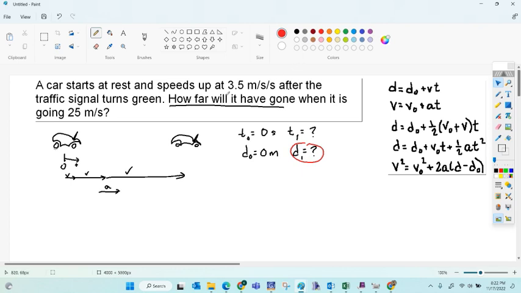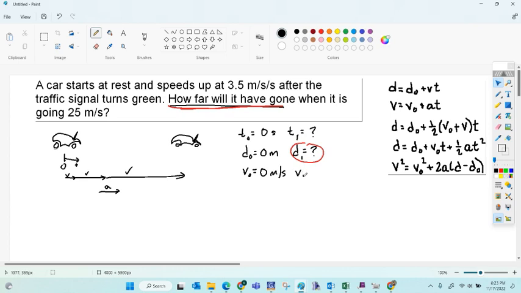Okay, so let's kind of indicate that here. Our velocity. We know our starting velocity is, okay, well, it starts at rest, so we have 0 meters per second.